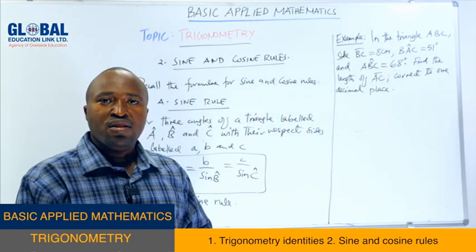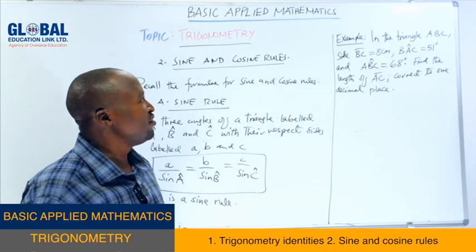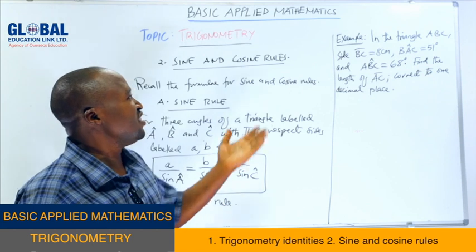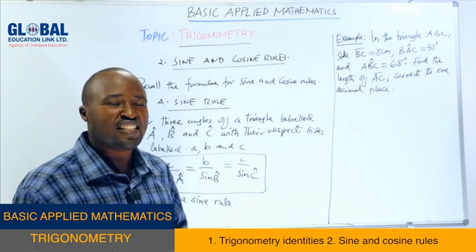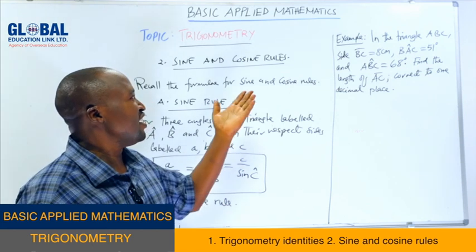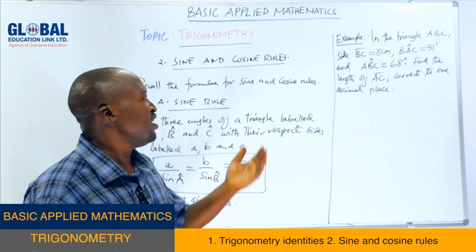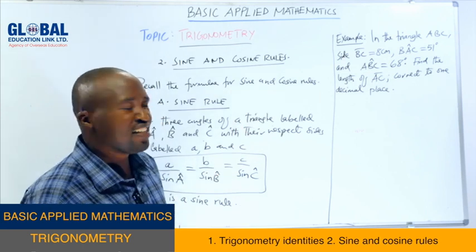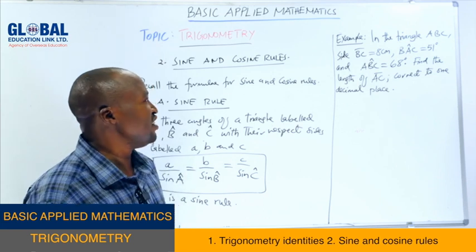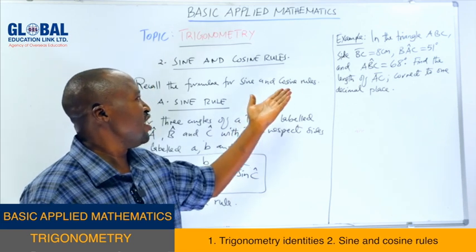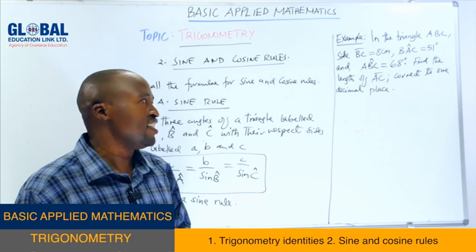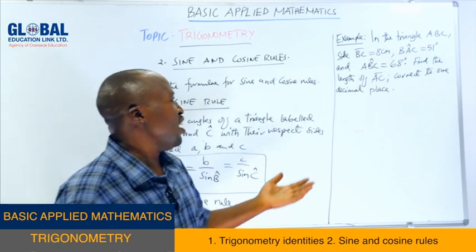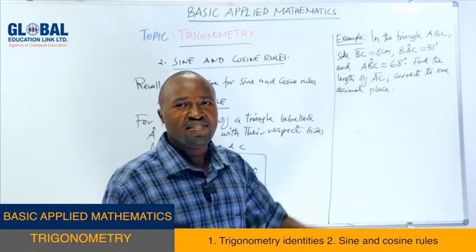So my dear student, we have a question which says in the triangle ABC, side BC is equal to 8 centimeters, and the angle BAC is equal to 51 degrees, and the angle ABC is equal to 68 degrees. Now we are supposed to find the length AC.